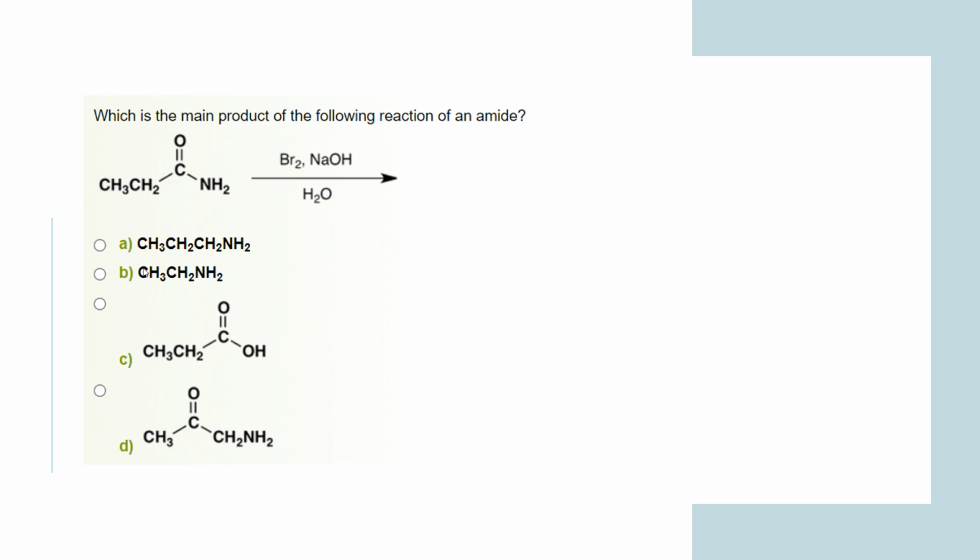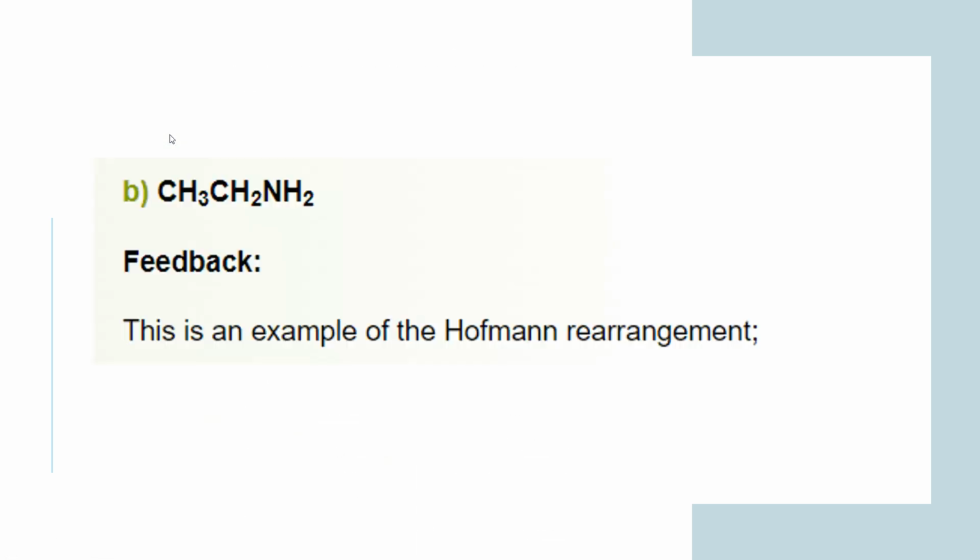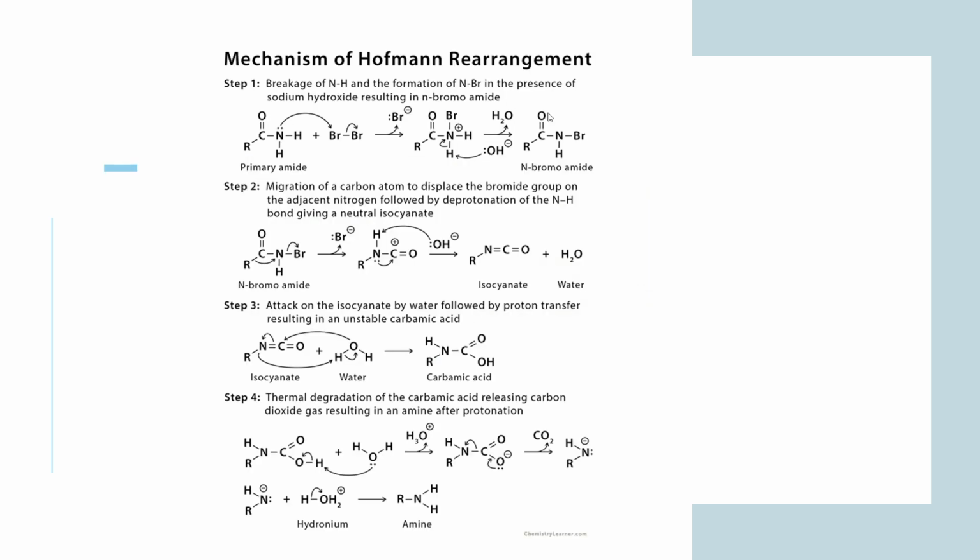Where we have one carbon less, because this carbonyl was being knocked out as carbon dioxide in the mechanism. So you have to choose B as the final product. So in the video lecture, we have come across a lot of rearrangement reactions where we involved this isocyanate as the intermediate. Okay.